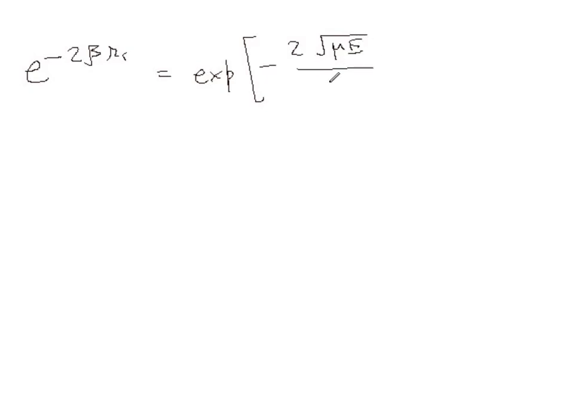This term, e to the power minus twice beta R1, is basically exponential minus 2 mu e divided by h cross, and here ZA ZB e square by e.